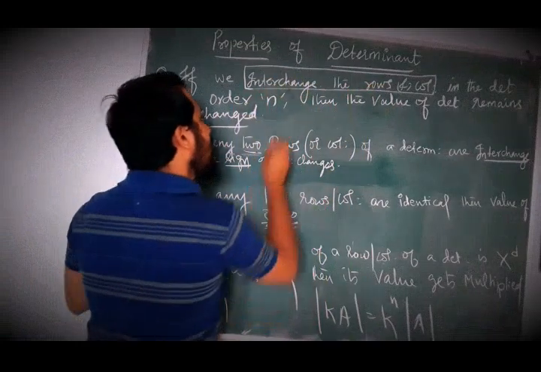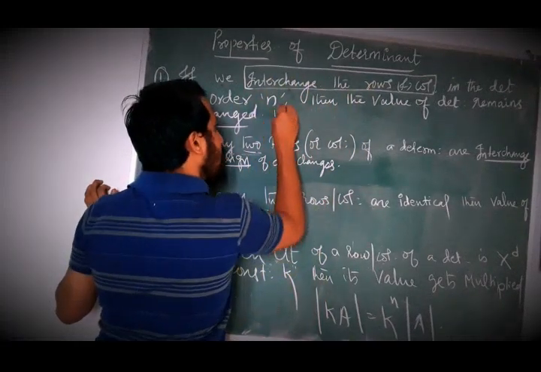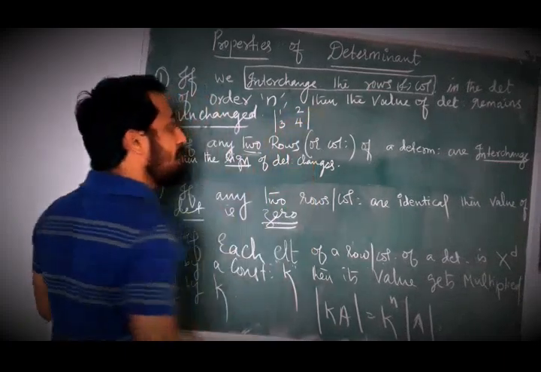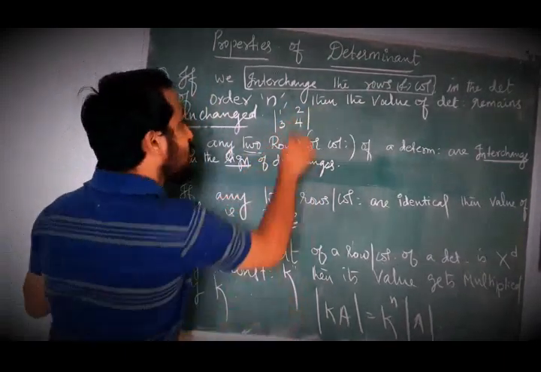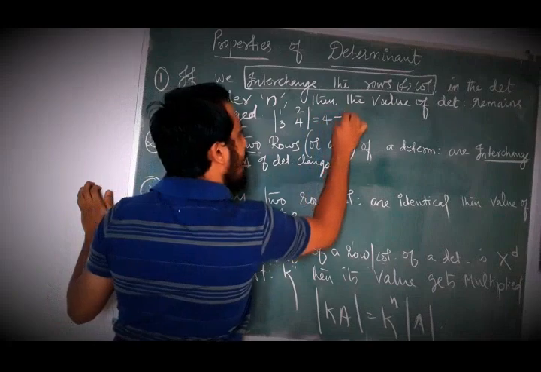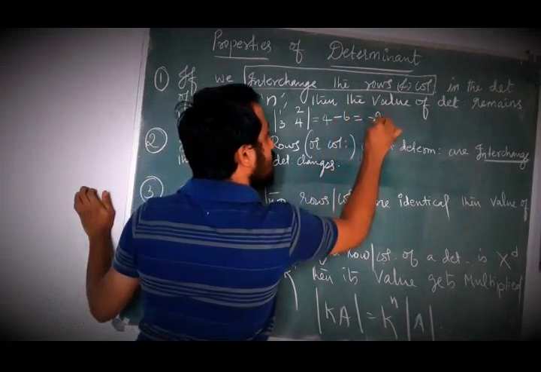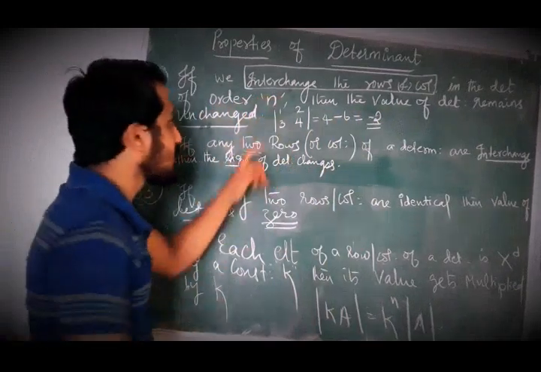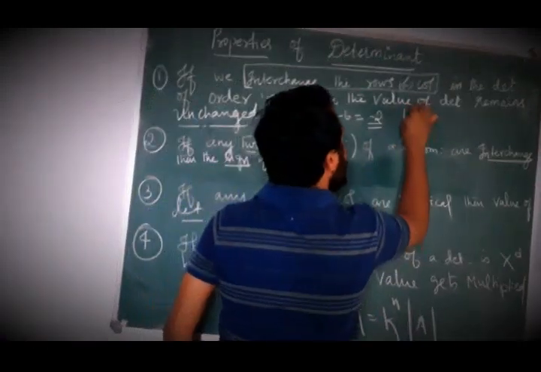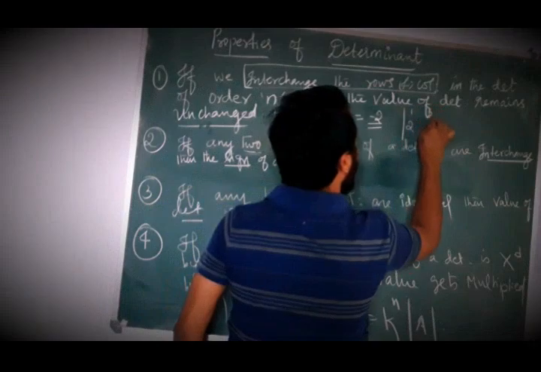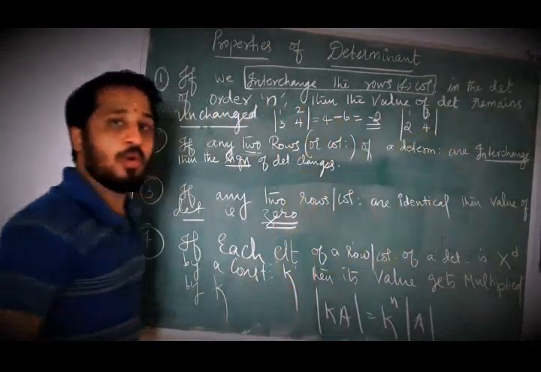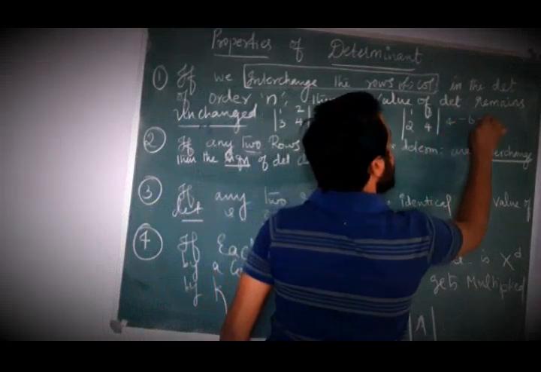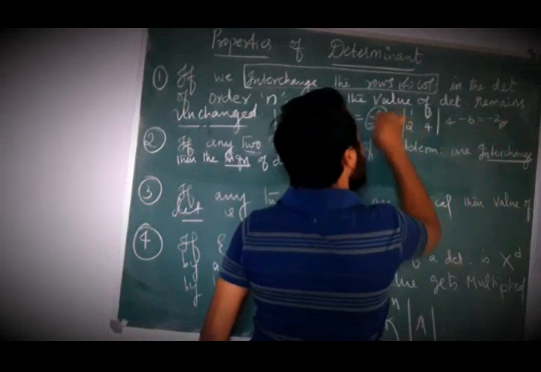If I have one matrix 1, 2, 3, 4 and I find the value of this determinant, that is 4 minus 6, the answer is minus 2. If I take the transpose of the given matrix, 1, 3, 2, 4, what is the determinant? 4 minus 6, the answer is minus 2. Both are the same.